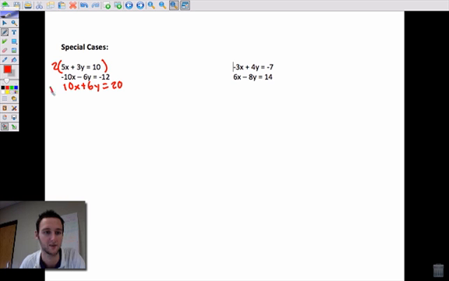All right. The next step is we need to add these two equations together, our original and the new one that we just created. So negative 10x plus a 10x, that leaves 0 x's left. And then negative 6y plus a 6y, well, that leaves 0 y's left. So there are no x's and no y's, so that just means we have 0 over here on the left.